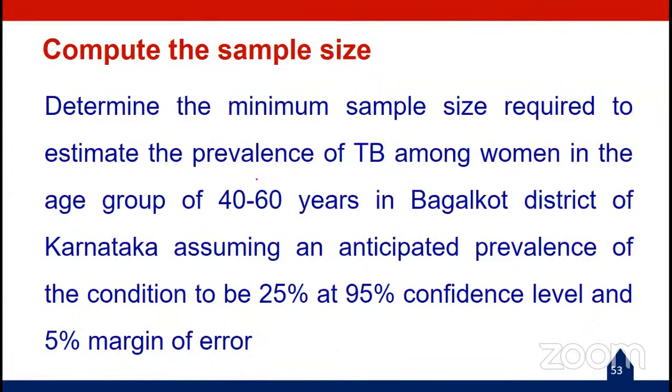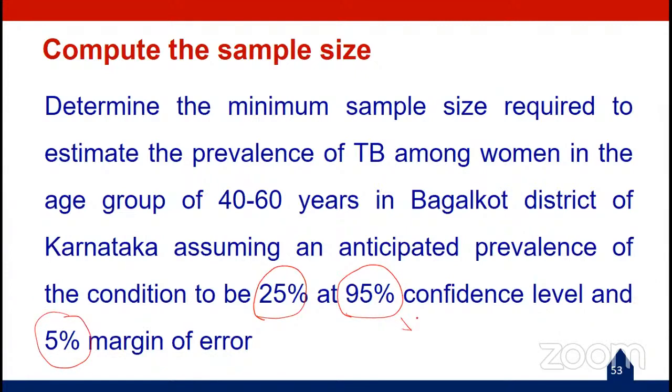Let's see. Determine the minimum sample size required to estimate the prevalence of TB among women in the age group 40 to 60 years in this district, assuming an anticipated prevalence of the condition to be 25% at 95% confidence level and 5% margin of error.